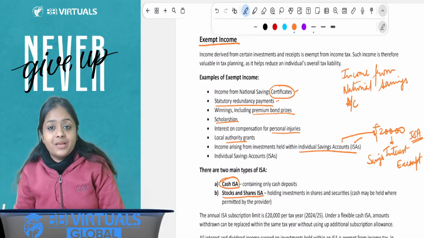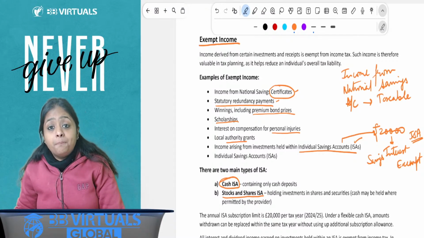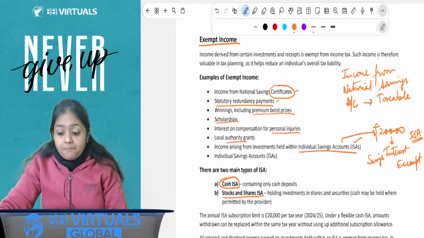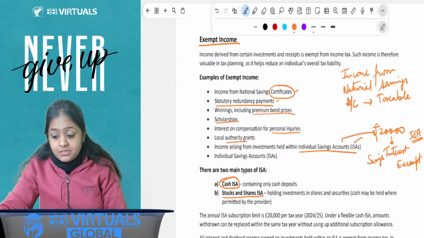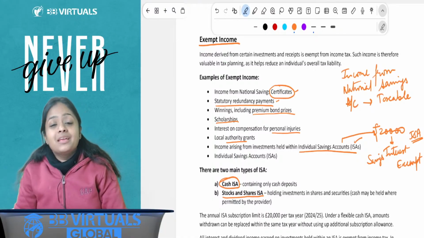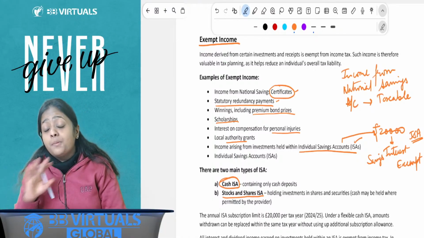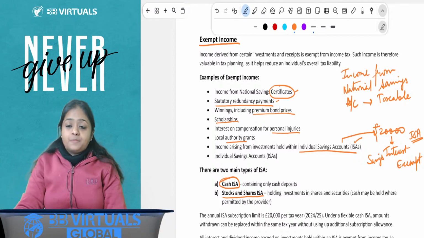Is this also exempt? No, it is not exempt. It is completely taxable. Remember that income from National Savings Certificates is exempt, but income from a National Savings Account is completely and fully taxable. I hope I'm absolutely clear on it.